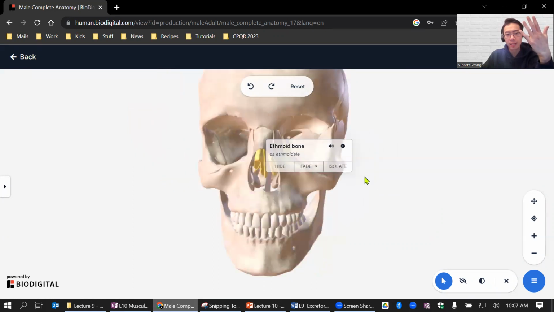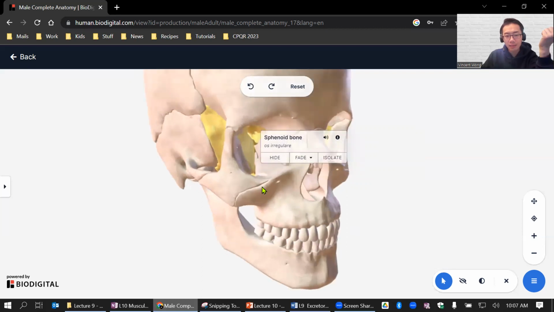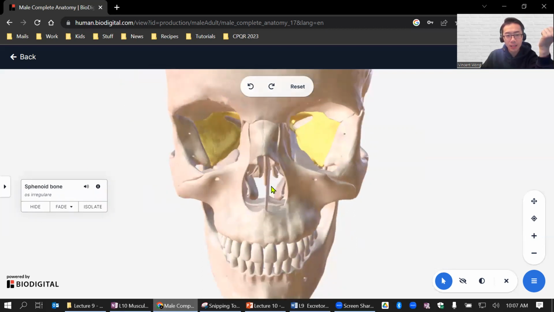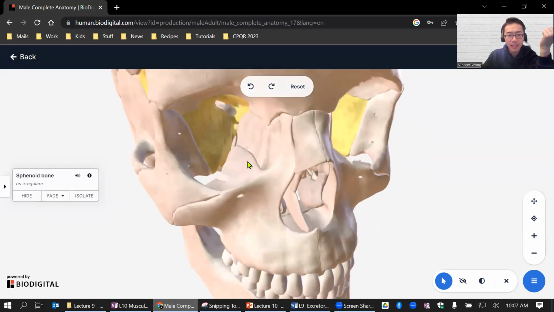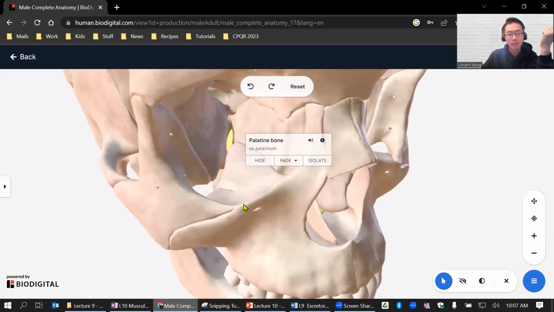That's 5. And then number 6 is the sphenoid bone at the back, right? So 6 bones so far. Where's the 7th one? The 7th one is right here. There's a tiny, tiny bit coming out from there. That little bit, that's the 7th bone.